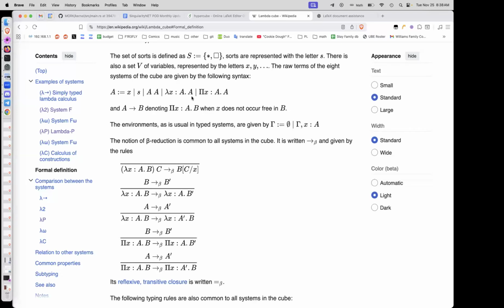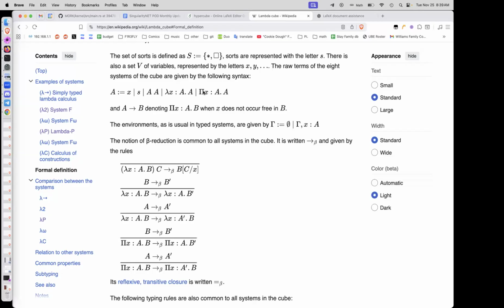So you can take, for instance, the identity function, and that says set A to star, then X is a type, and A here is X. So that says for all types, we return that type.